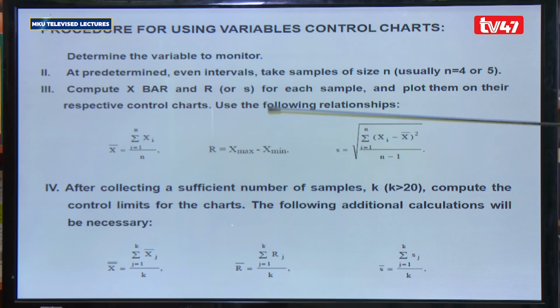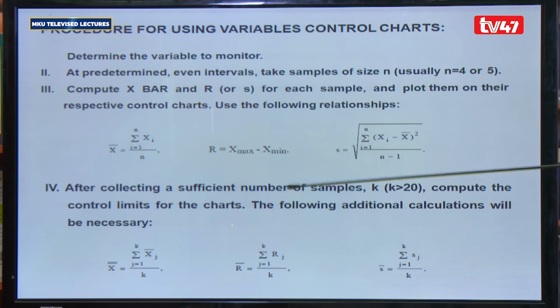You said that the range is the difference between the maximum and the minimum. And then we also need the standard deviation, which is given by the root of the unbiased estimate of the variance.